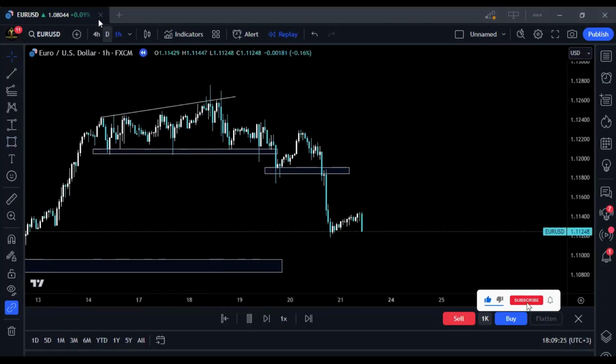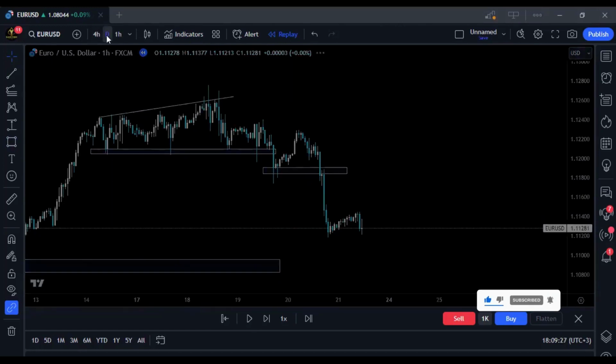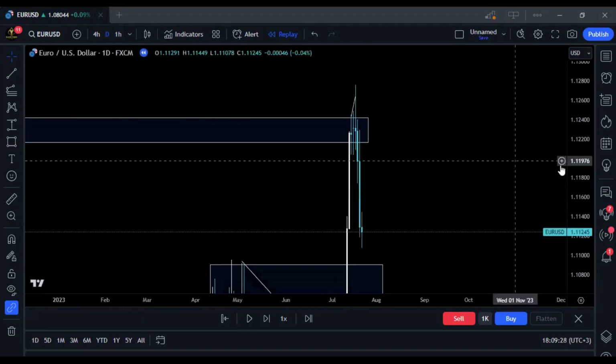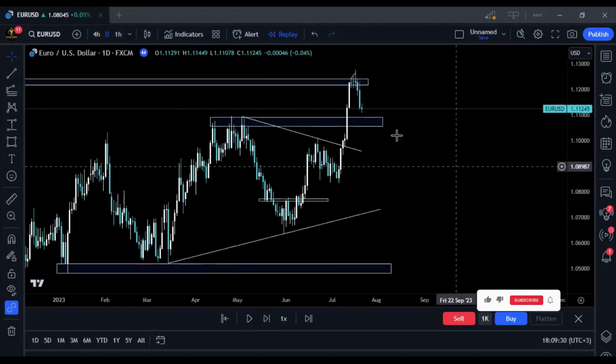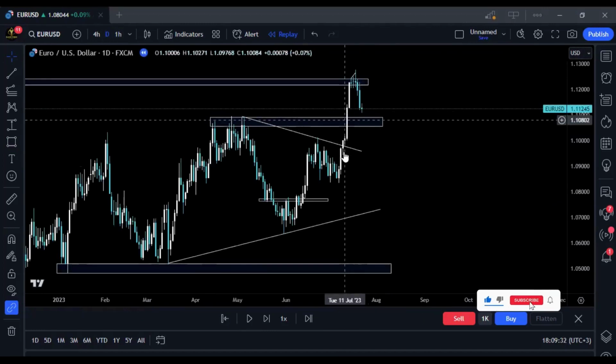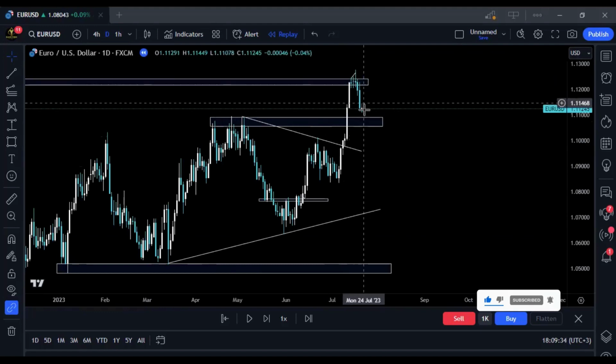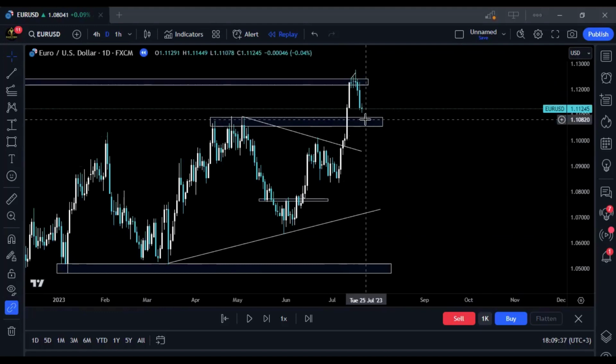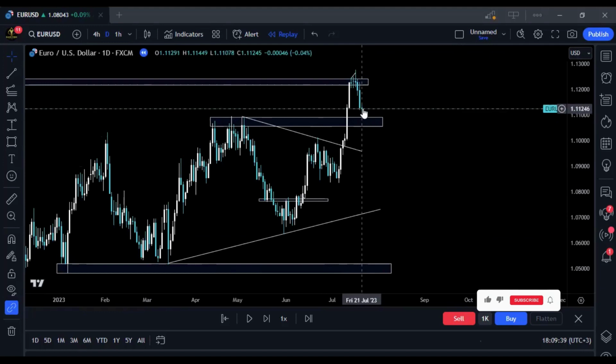Prices are ranging a lot. How was it looking on the daily? So on the daily, it looks like prices were closing with a doji. So that means it was a pump and then some kind of a doji losing momentum.